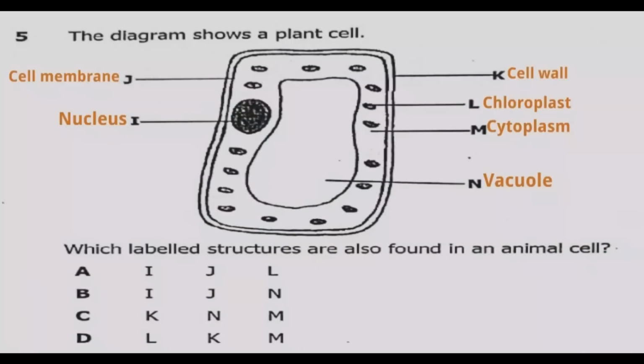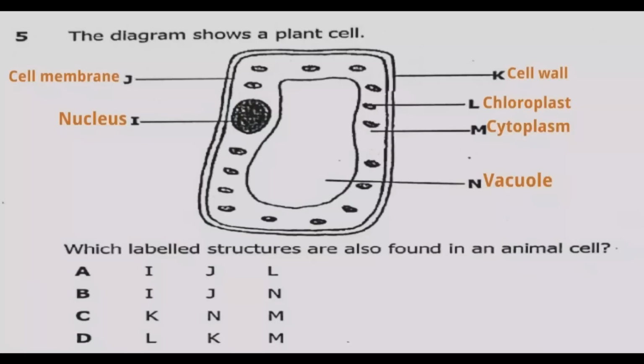We know that an animal cell has got nucleus, cell membrane, and cytoplasm. Cell wall, chloroplast, and vacuole are not present in an animal cell. So let's look for the correct answer. The correct answer should have IJM. Which answer has got IJ?